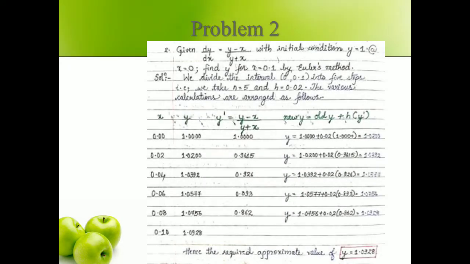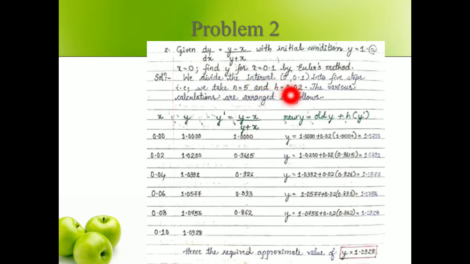We'll go to the second problem. Given dy by dx equal to y minus x divided by y plus x with initial condition y equal to 1 at x equal to 0. Find y for x equal to 0.1 by Euler's method.